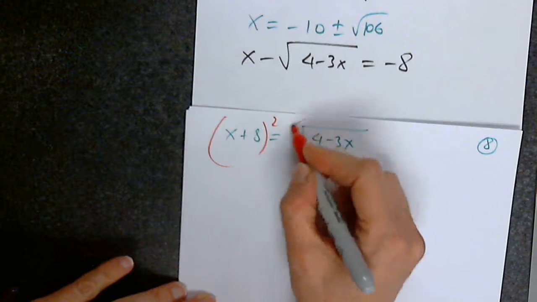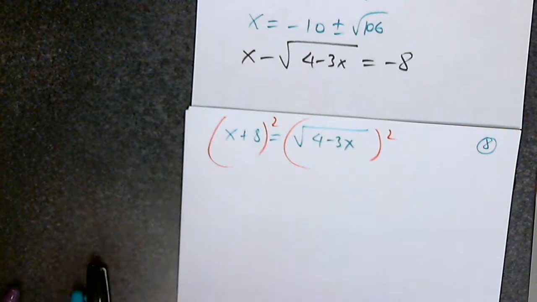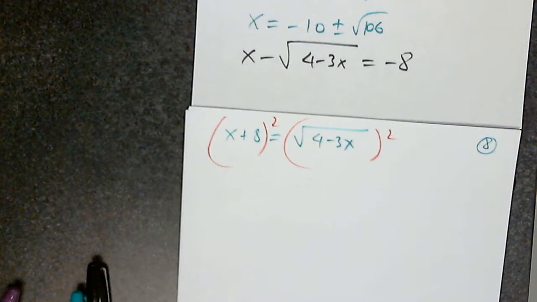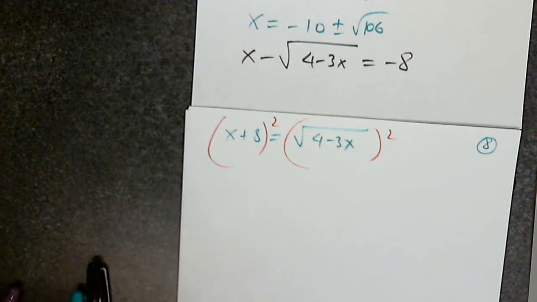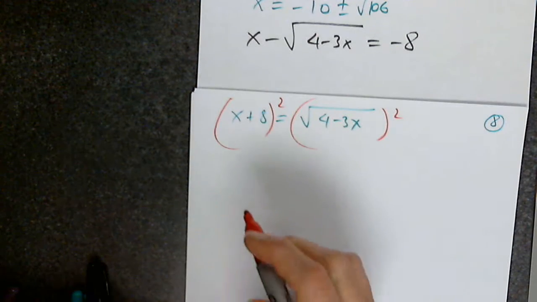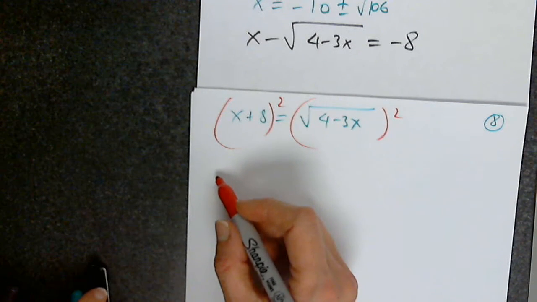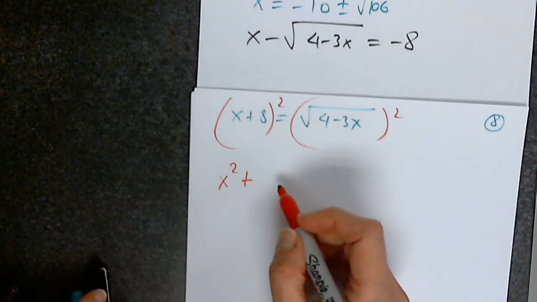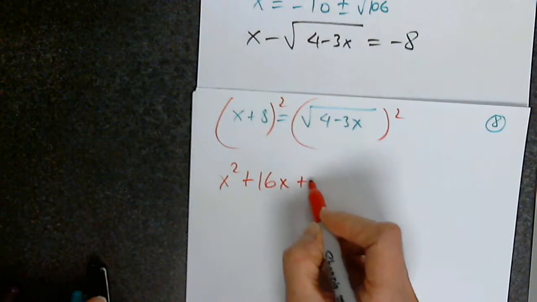Yes, and please remember, you are not allowed to square term by term. It's the left-hand side together, all terms as a whole, and the right-hand side separate. So what do we get on the left-hand side? Very good.